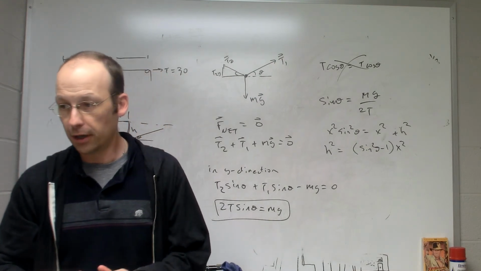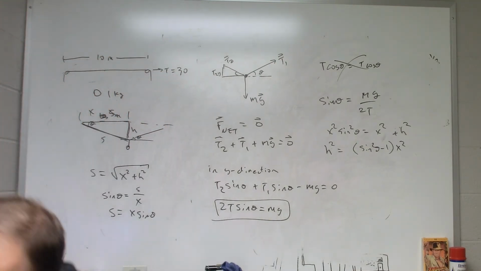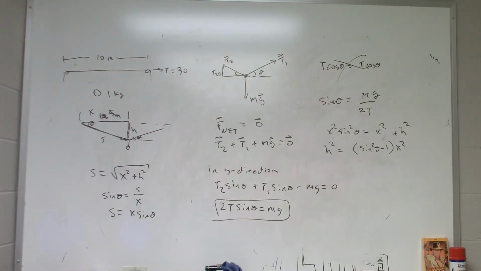I guess you want me to put the numbers in, don't you? Fine, I'll do it. So T equals 30, m equals 1, g equals 9.8, and x equals 5.